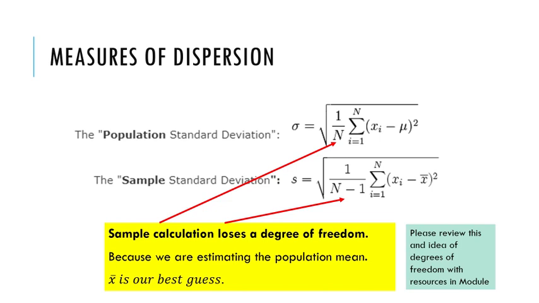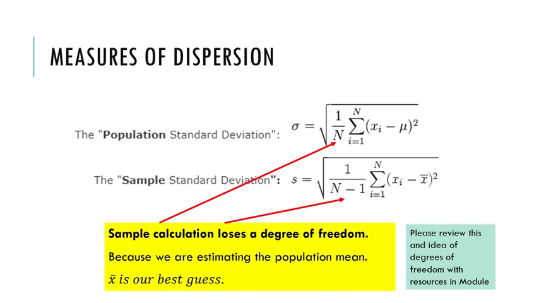But the takeaways here, let's be clear, we have two equations, one for population, one for sample. We use different symbols. We use different estimations, right, of our mean. We've got our population mean mu up top, and below we've got our estimate of the population mean, x bar, our sample mean.